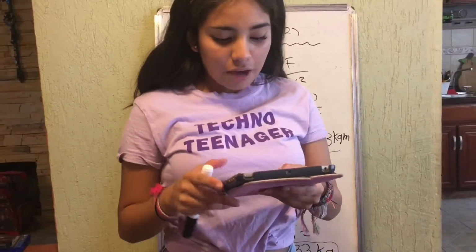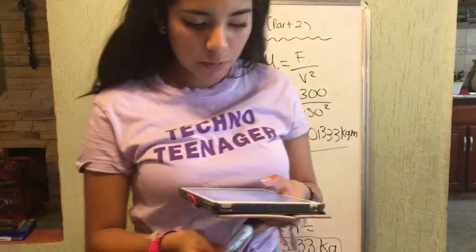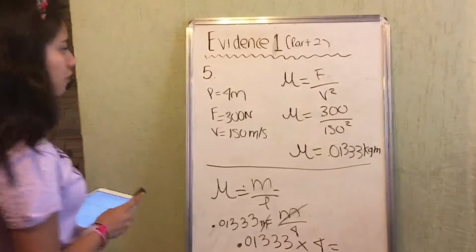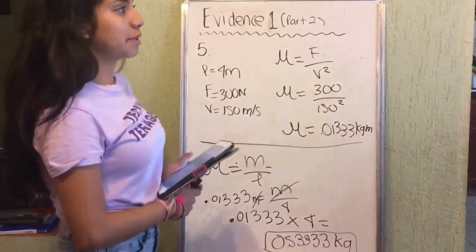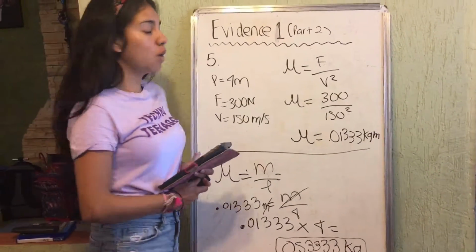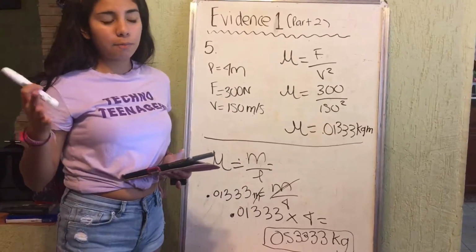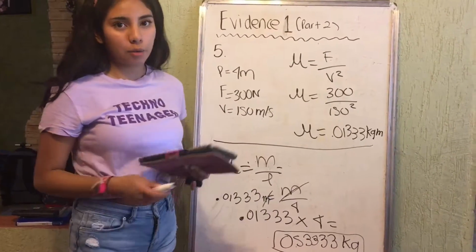Number 5. Find the mass of a 4 meter rope subjected to a tension of 300 newtons, maintaining a transverse wave speed of 150 meters per second. Okay, first of all, we have to identify our data again. Remember that this is the most important thing of this video, because with this we are able to know what formula we have to use.